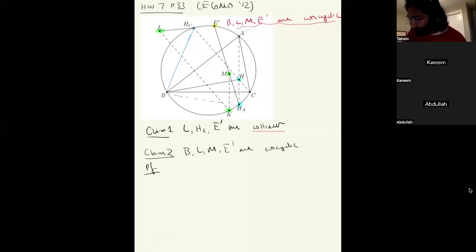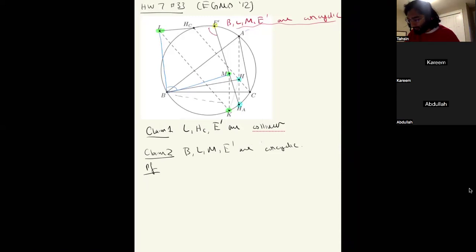So I think the one that might be the easiest to work with is, I'll erase this now, we don't need this anymore. That's right. So the one that should be the easiest to work with, I think, is this one. So this angle compared to this angle.